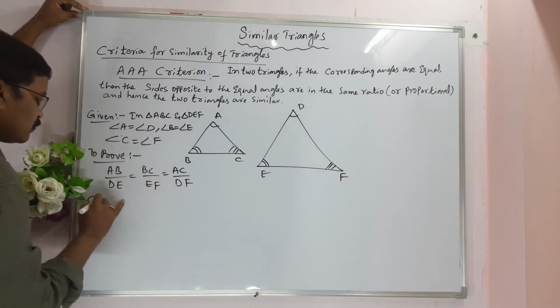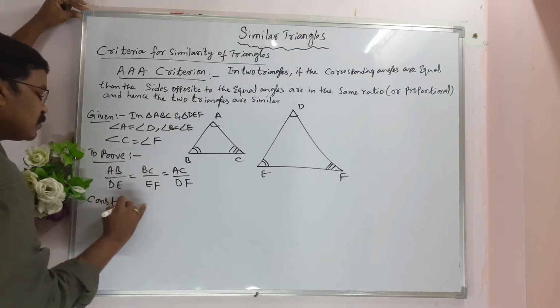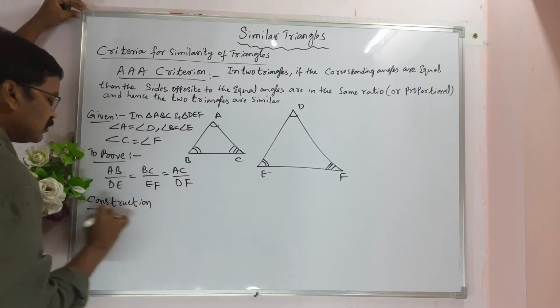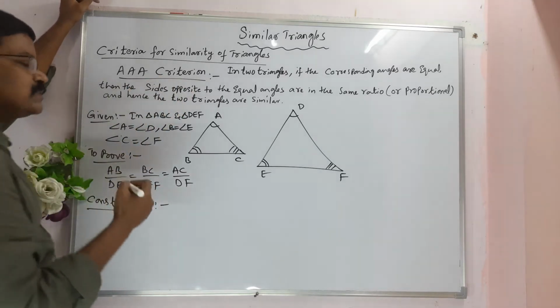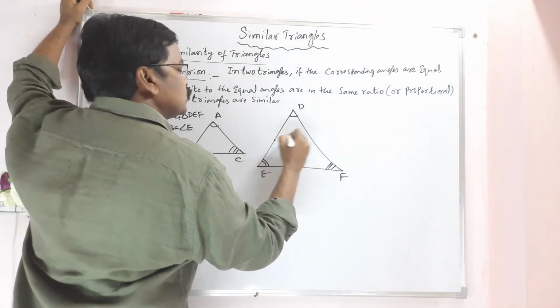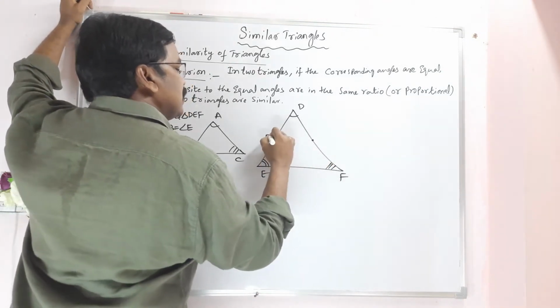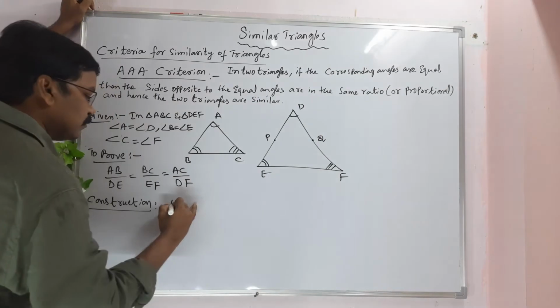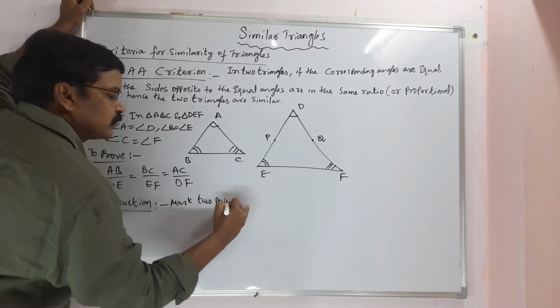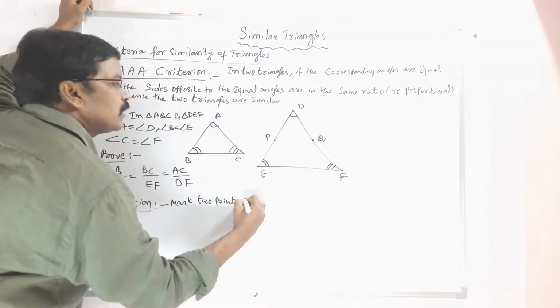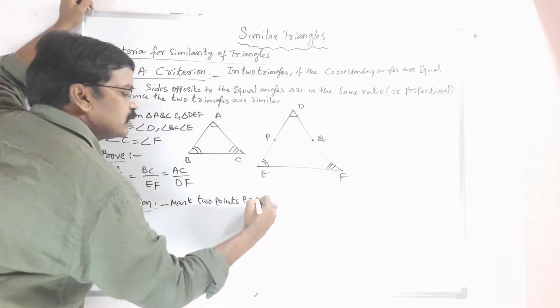Right. Now, we will make a construction. This is the common construction for all the criterions of similarity of triangles. What is the construction here?